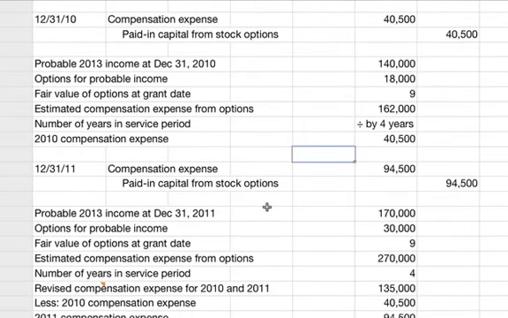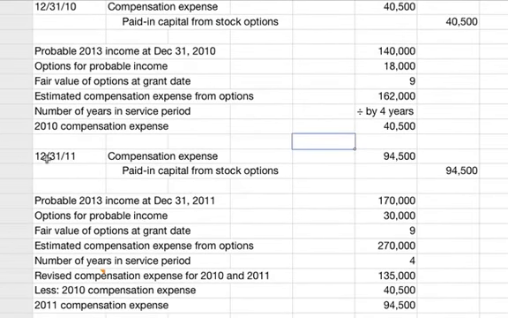And that is your journal entry right here. Now, for the next year, at the end of December 31st, 2011, you would debit compensation expense again for $94,500 and credit paid-in capital from stock options of the same amount.